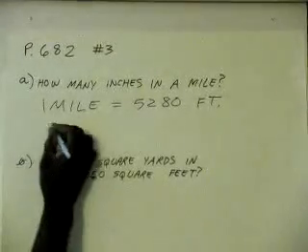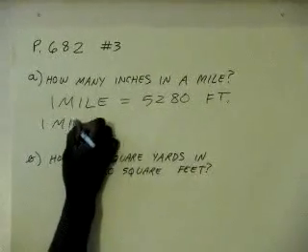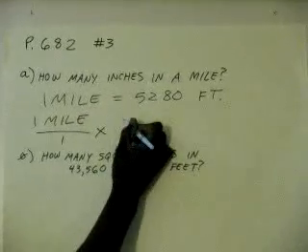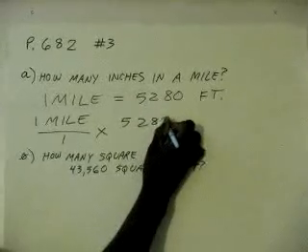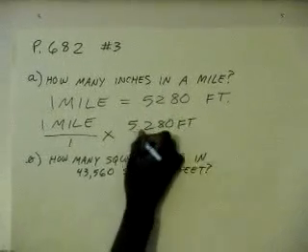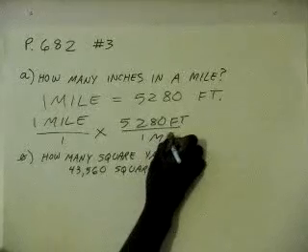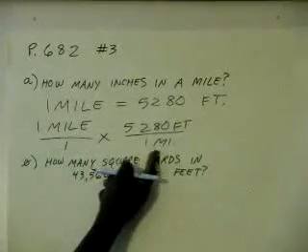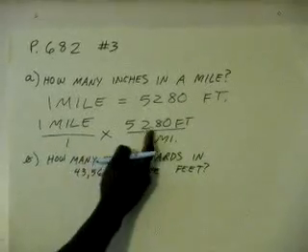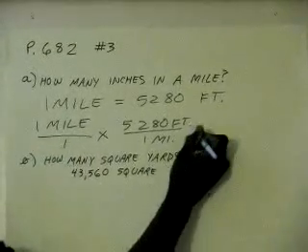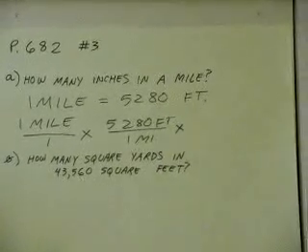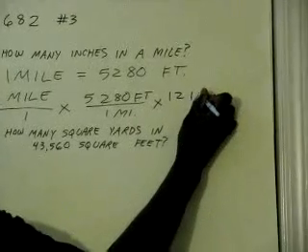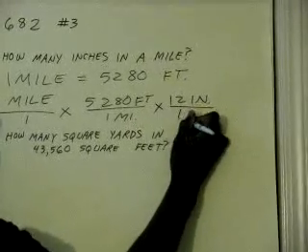We're going to start with the 1 mile, and we want to convert to feet, so we're going to put 5,280 feet over 1 mile. Now you notice when we multiply these fractions, the miles units will cancel out and we're left with feet. A second conversion factor, and this is pretty common knowledge, 12 inches in 1 foot.